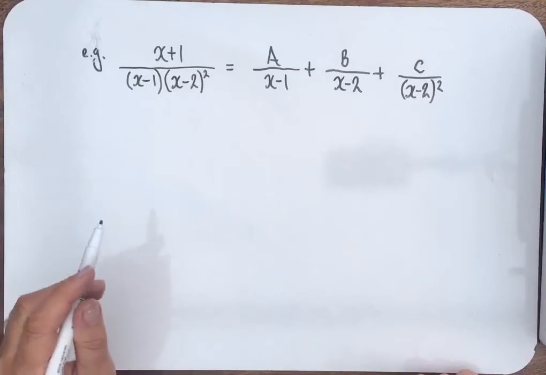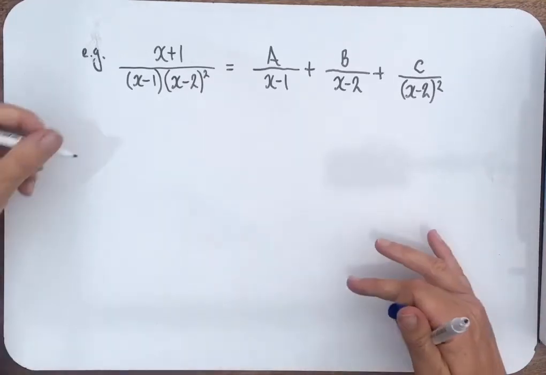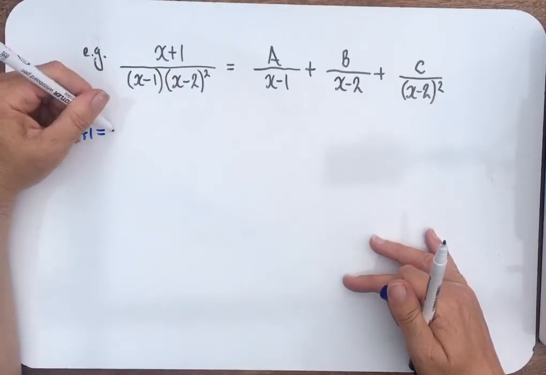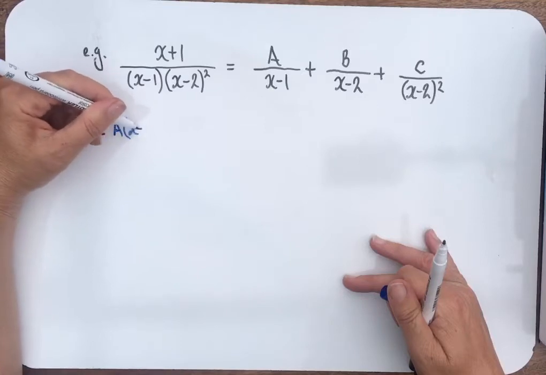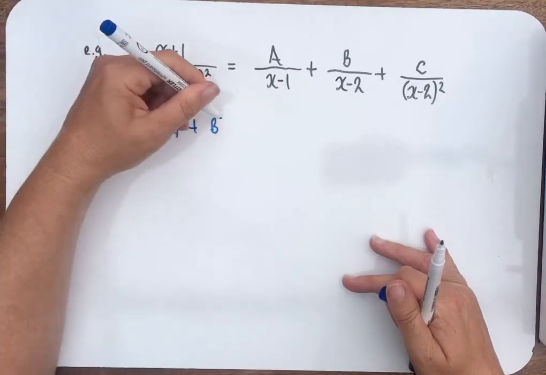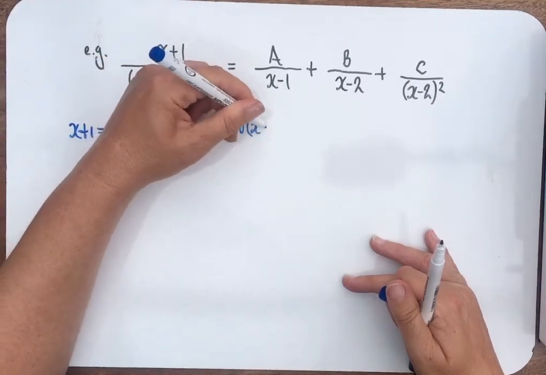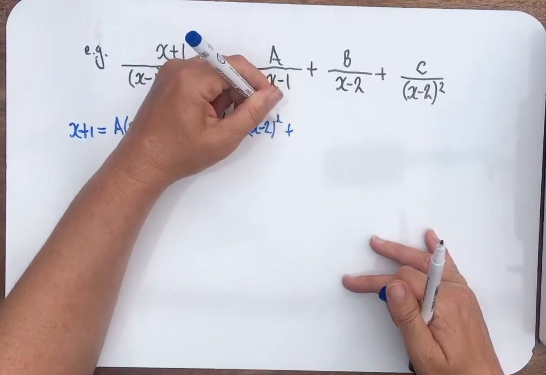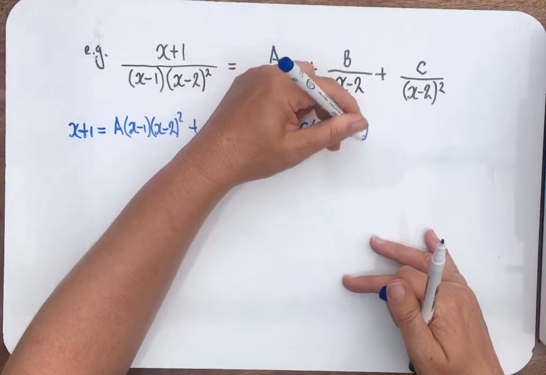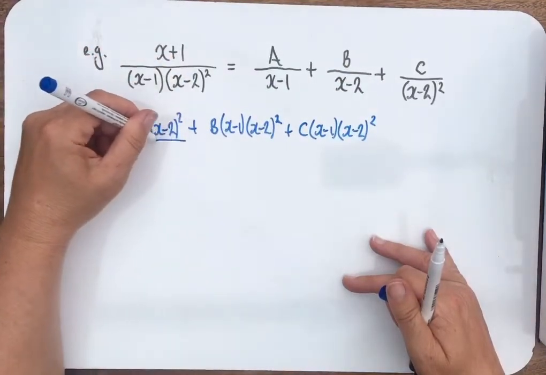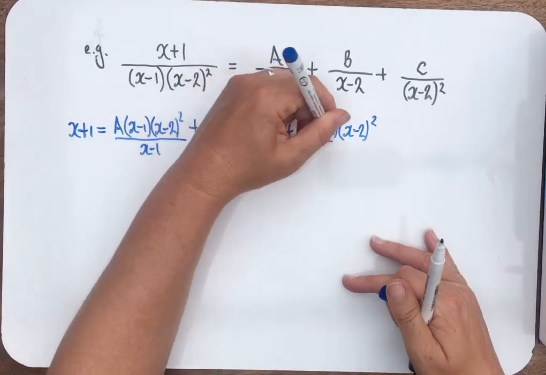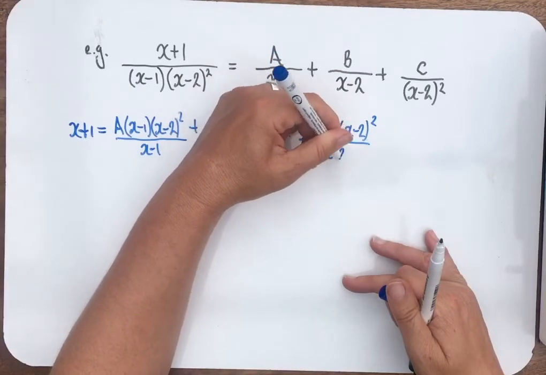And then you times through by the denominator. Again, I'm really not sure I recommend writing in this line, but I want to show you what's happening. So timesing through by this denominator, that one's over x minus 1, that one's over x minus 2, and that one over x minus 2 squared.